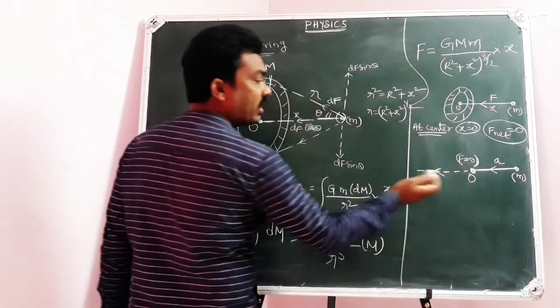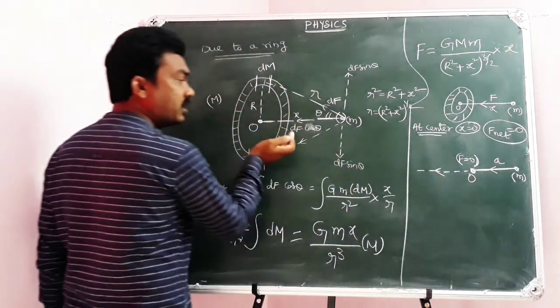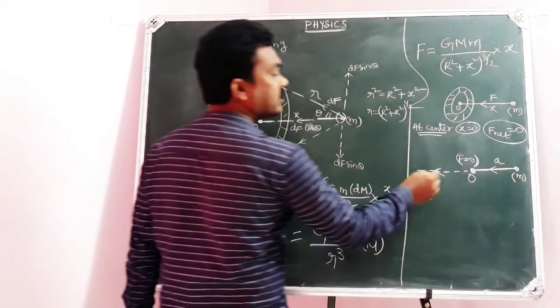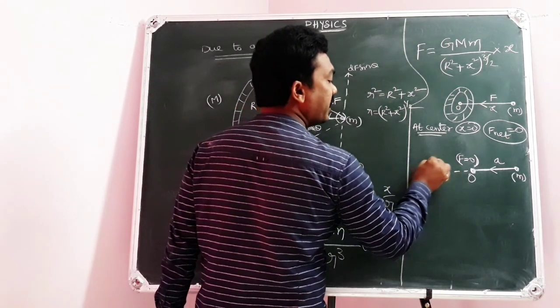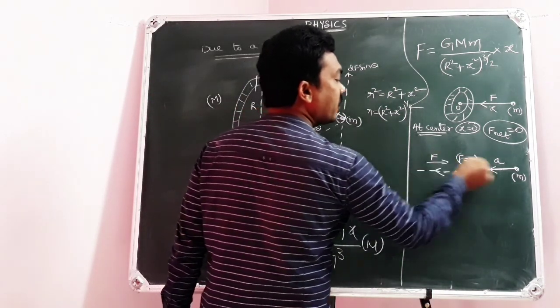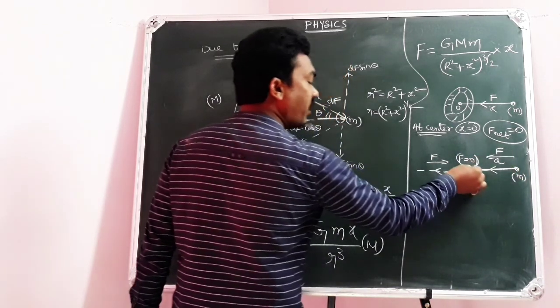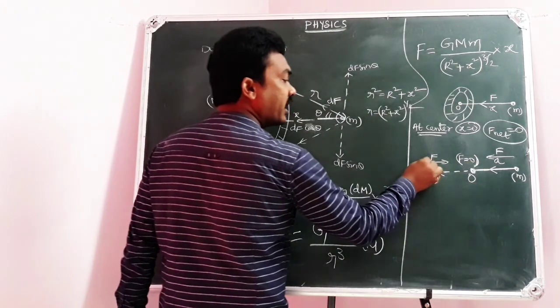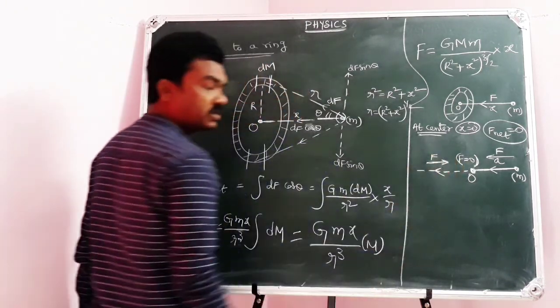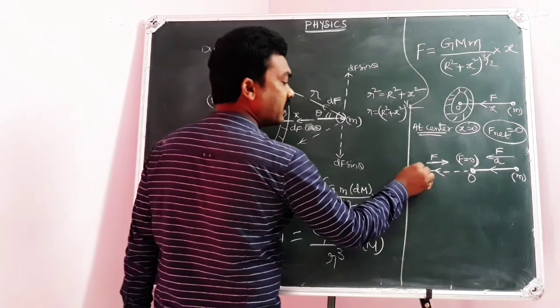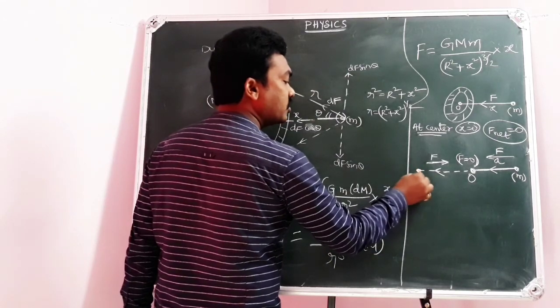The reason is, once your point mass goes beyond the center, force of gravitation starts playing again towards the center. Earlier you saw the force of gravitation towards the center. Now once the point mass goes onto the other side, again the force of gravitation acts, so that your particle decelerates and finally comes to rest.